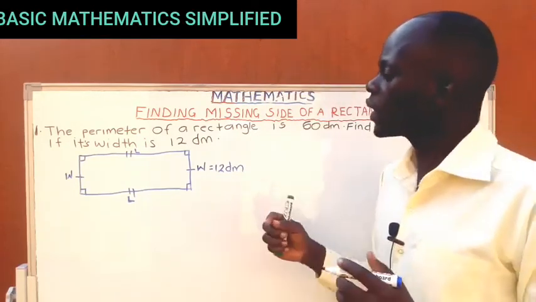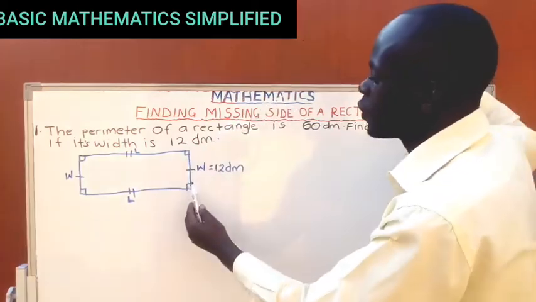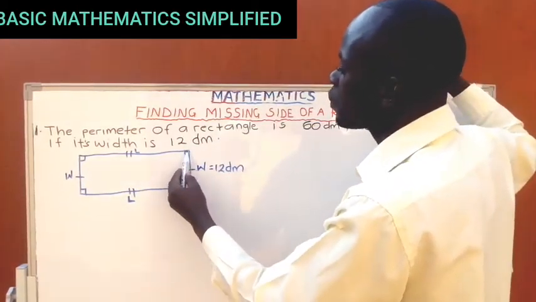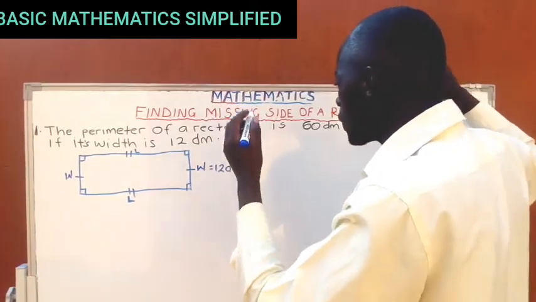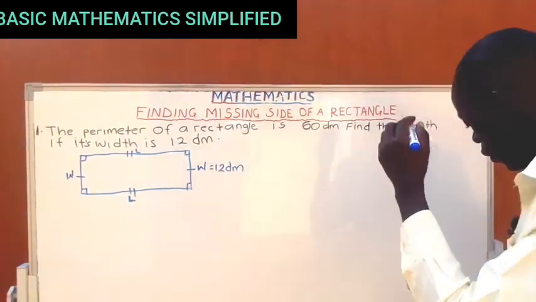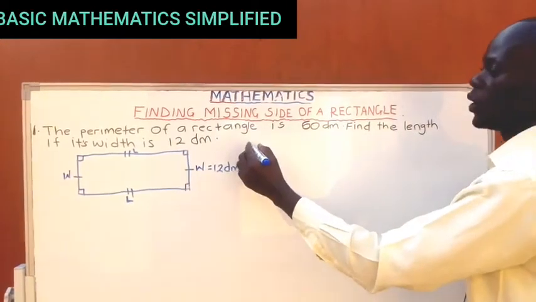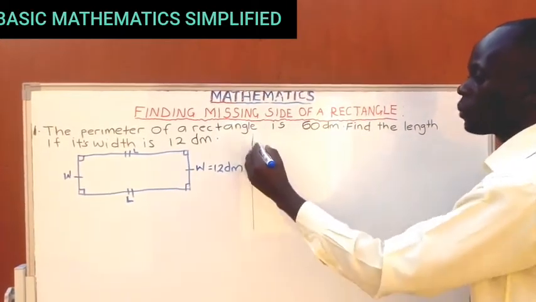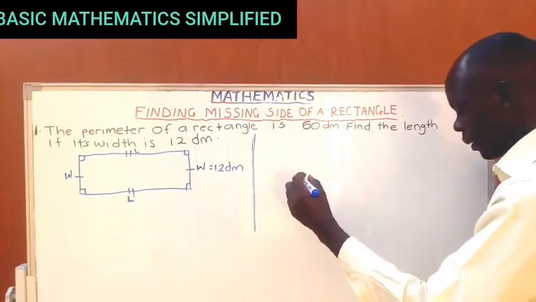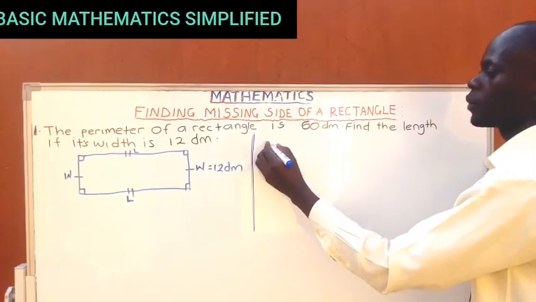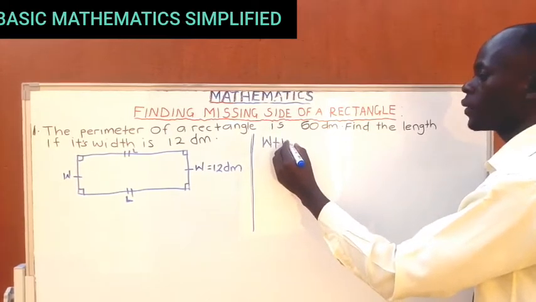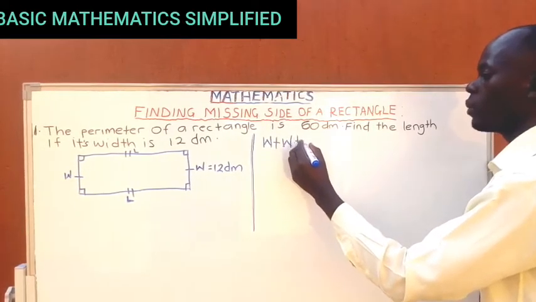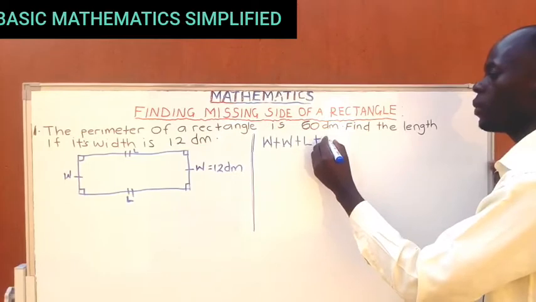So when you see the total distance round there, you will realize that when you start from here, you will have covered width, length, another width, another length. So to calculate the perimeter of this figure, we are supposed to have something like this: width plus width plus length plus length.